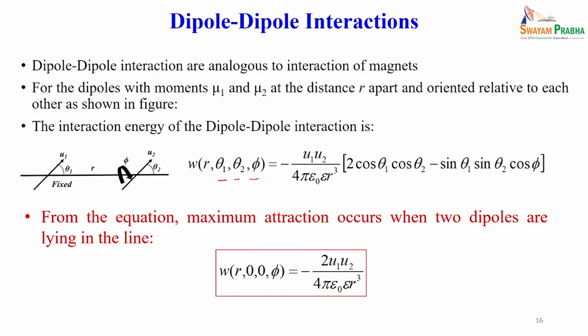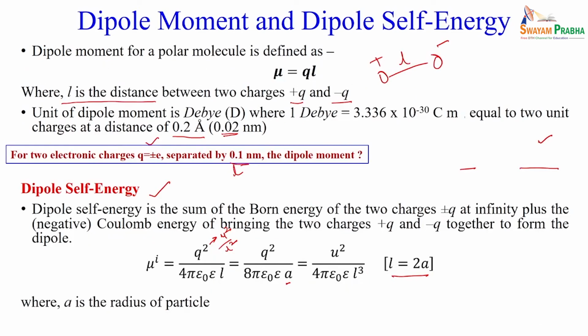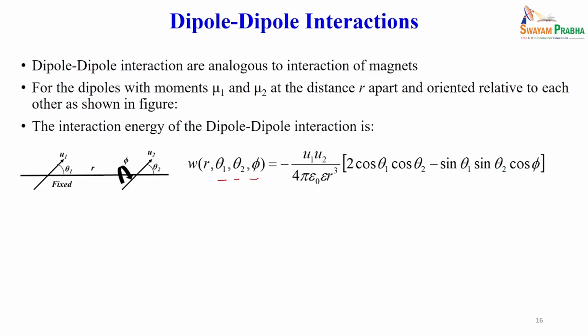So, it is u1 u2 over 4 pi epsilon naught epsilon into r cube, because if you remember, q is equal to u upon L. So, there will be r cube: r was already there, one r is coming from here, one r is coming from here. So, this will be r cube times, of course, at two different angles, cos theta 1 cos theta 2 minus sin theta 1 sin theta 2 and cos phi.